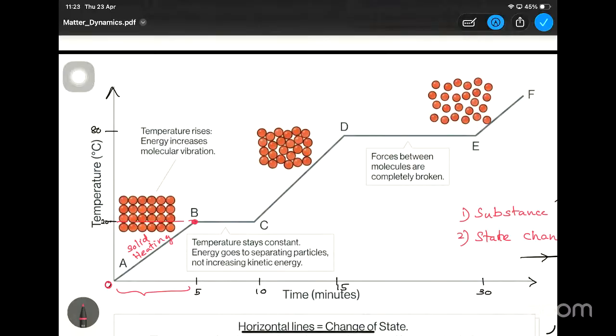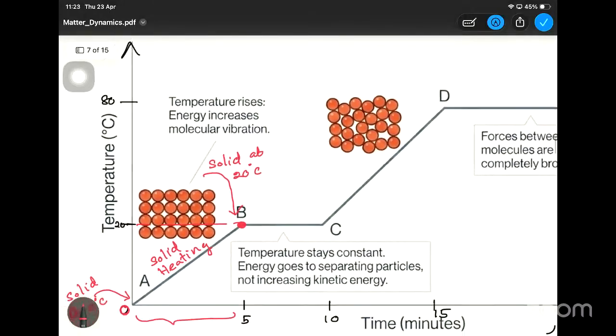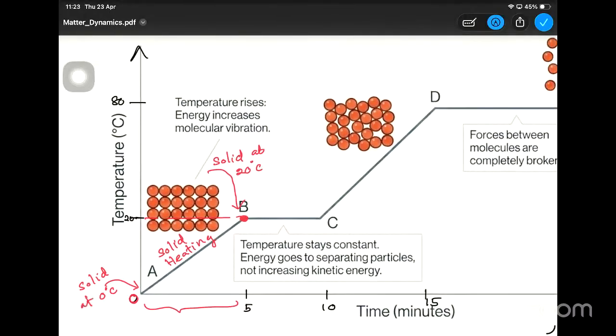At this point, you still have the solid. So here, solid at 0 Celsius, but here, solid at 20 Celsius. Those are two different things. The solid is initially at 0 Celsius, but at position B you have the solid at 20 Celsius, which means the solid is now being heated.